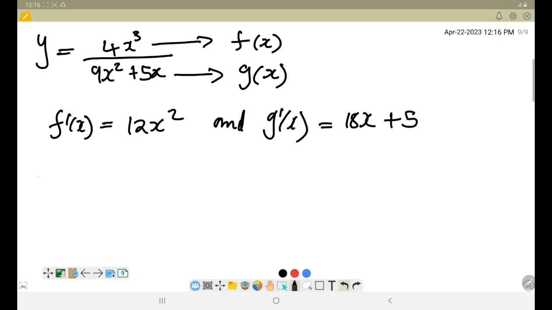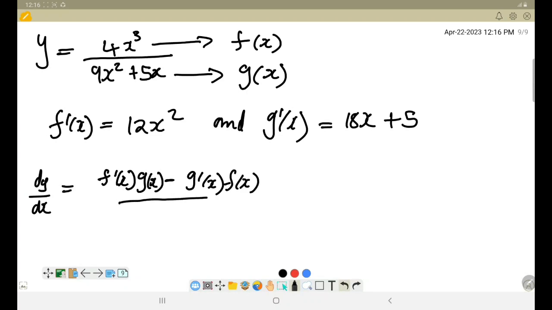So what is needed now is to say dy dx is equal to f prime multiplied by g of x, minus g prime multiplied by f of x, divided by g of x squared.